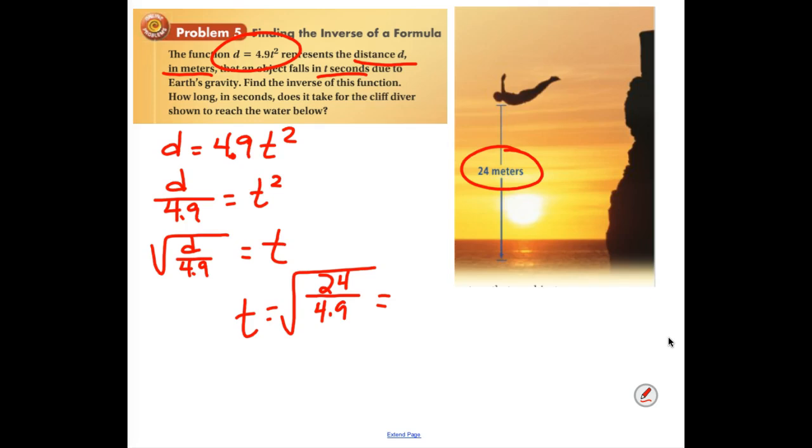What do we get? Anybody? 2.21. What units would we put on that answer? Seconds. Good.